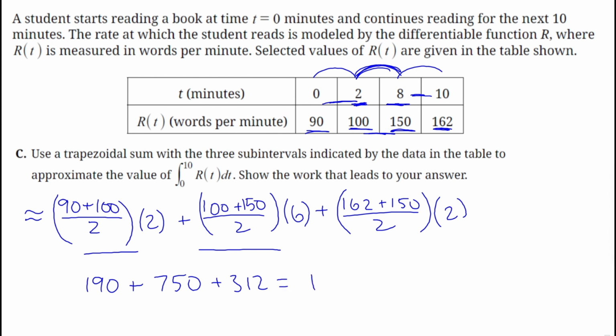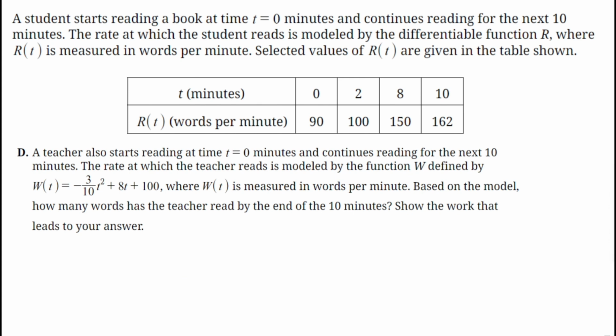Add those all together and you get 1,252 as your answer. So you're getting 1 point for having the correct form up here, and you're getting 1 point for your answer. So 2 points there in part C.